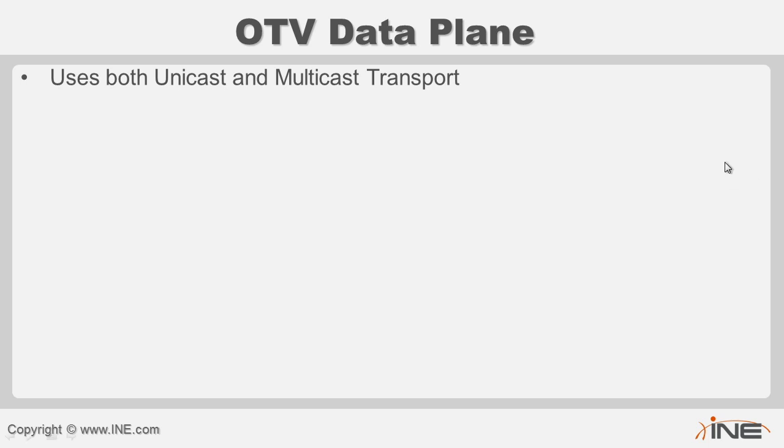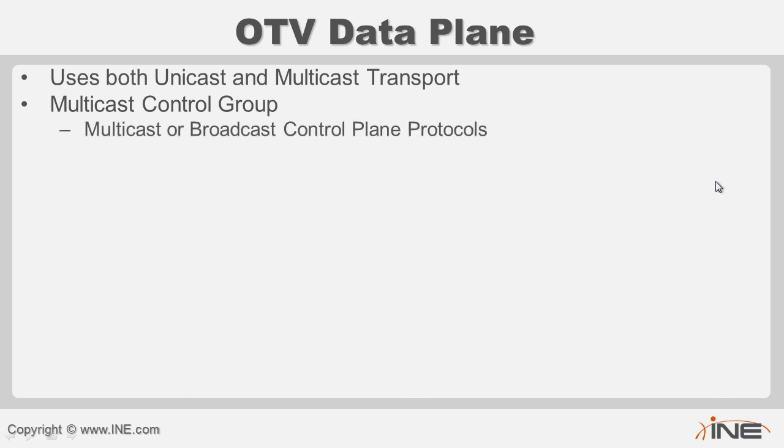For multicast, we have the first multicast control group, which is going to be used for any type of multicast control plane protocols like OSPF or EIGRP or PIM that we're trying to tunnel over OTV. And it can be used for broadcast, so things like address resolution protocol would be tunneled inside the multicast control group.